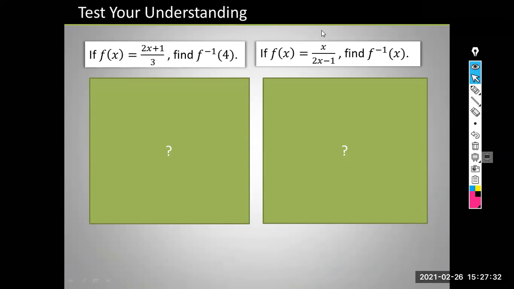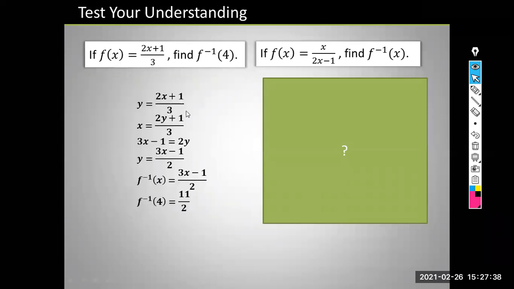Eleven over 2. 11 over 2. Okay, very good. So you apply the steps: change f(x) to y, interchange x and y, and make y the subject. Once you get the inverse function here, you replace the x with 4.